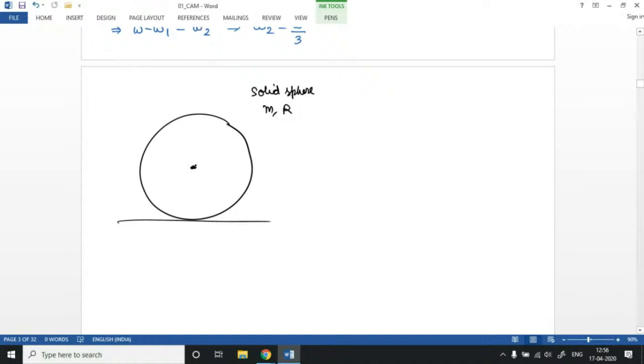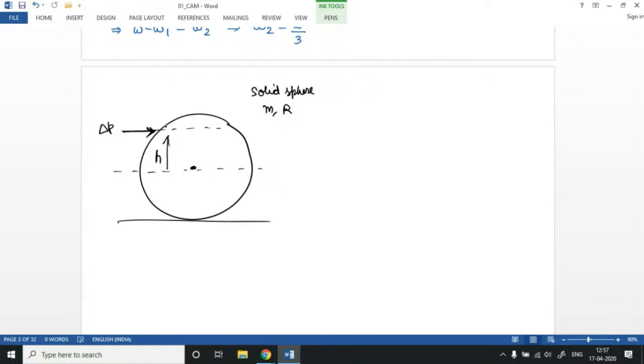Let's say this is its center, and we apply some linear impulse delta p on it at some height h from the center. Now we are interested in finding what the value of h should be such that this sphere begins to roll immediately after the impulse has been imparted.